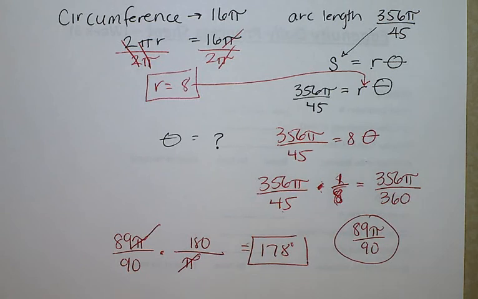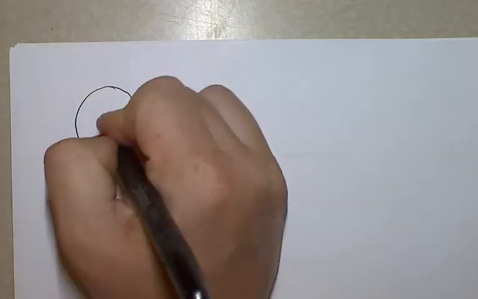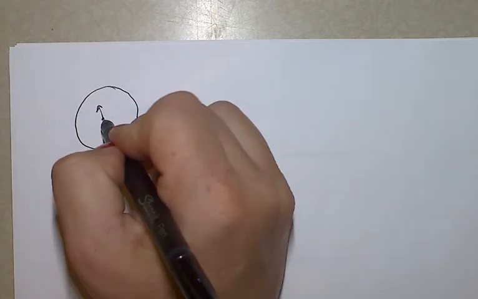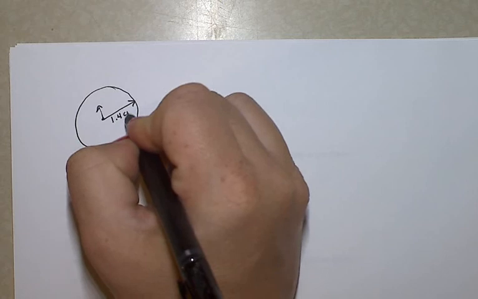I'm going to flip this to the other side just to save some paper. And let's just draw a pretty small watch. So we're working with an analog watch. We have the hour hand and the minute hand. We're told the minute hand is 1.4 centimeters.